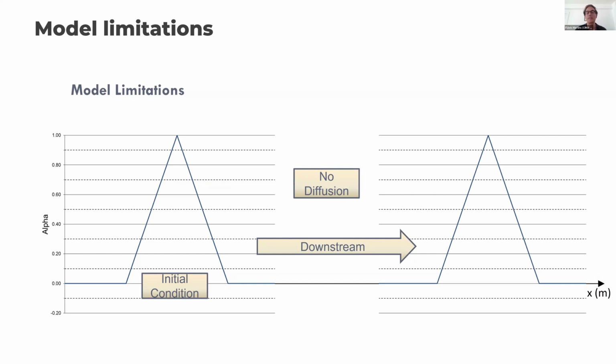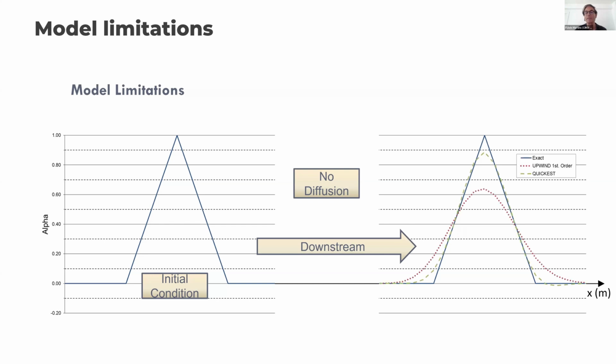But if you use a model, and these are results obtained with a model, they show something like this, like the red dots, you see? Although I have cut the diffusion term in my model, the result resembles something with diffusion, okay?